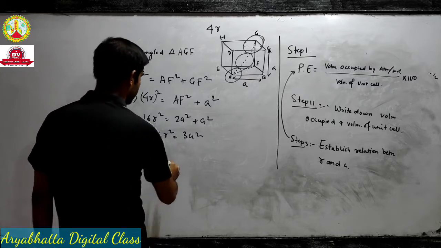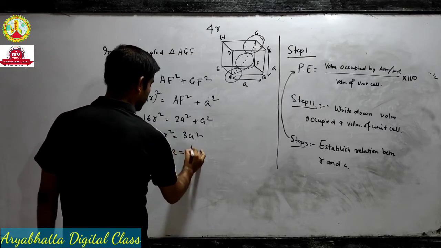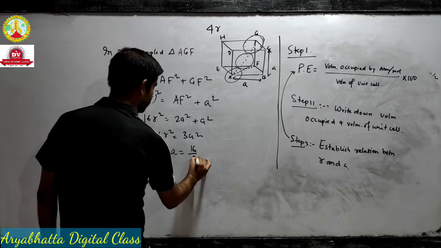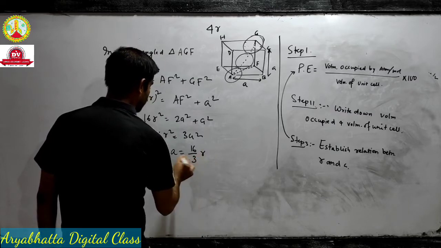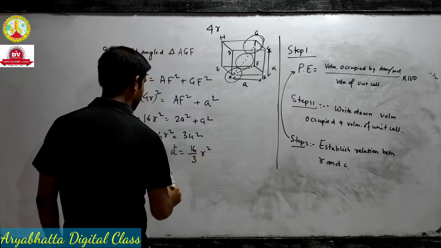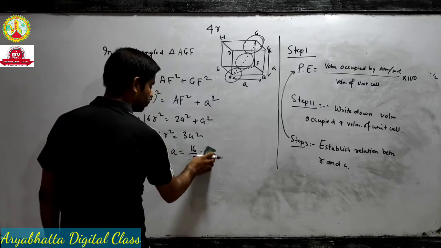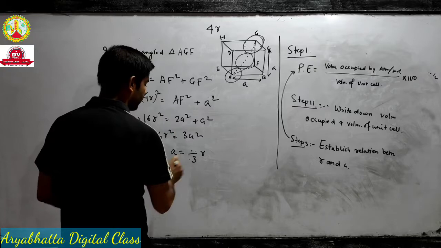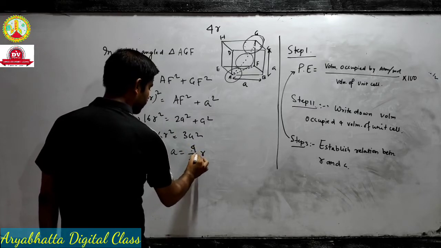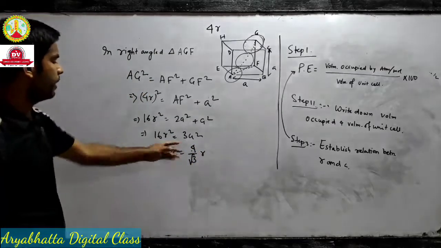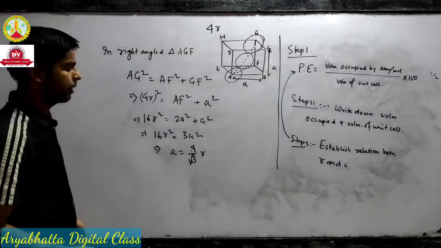Or you can say you will get A equal to 16/3 r square, or if I just get rid of this square term, then I will get A equal to 4 over root 3 r, that is 4 by root 3 r.